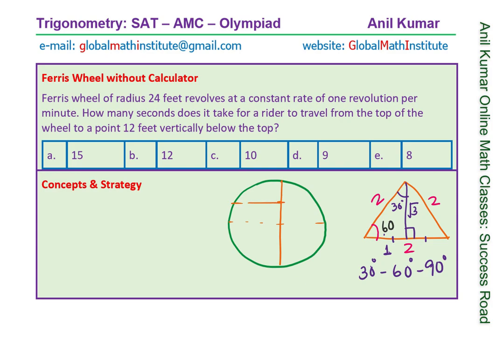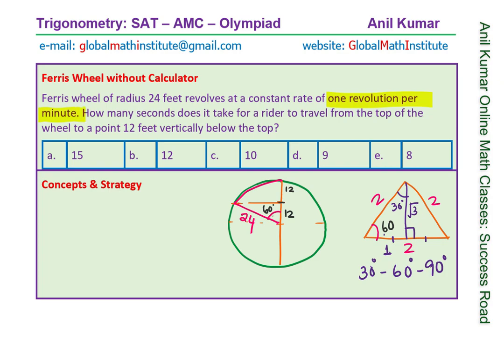And when we connect, we do see that one side is 12, the other is 24, and forms a right angle triangle. So the angle in between them should be 60 degrees. So now the question is, time taken for the rider to come down through 60 degrees, then 12 feet will be vertically down. Clear?